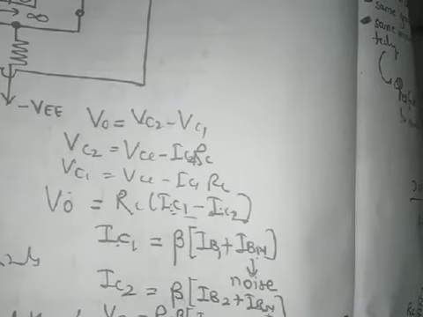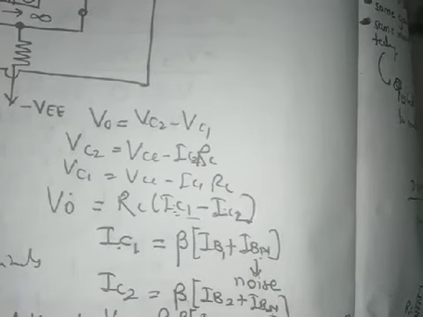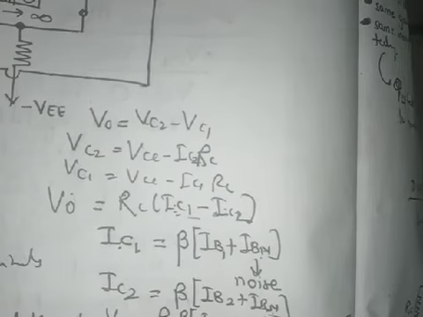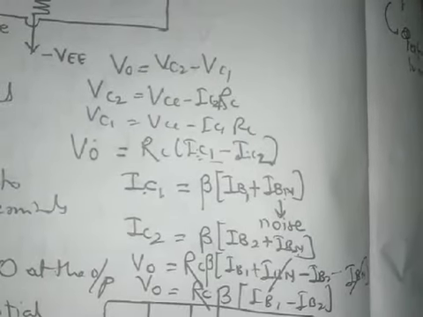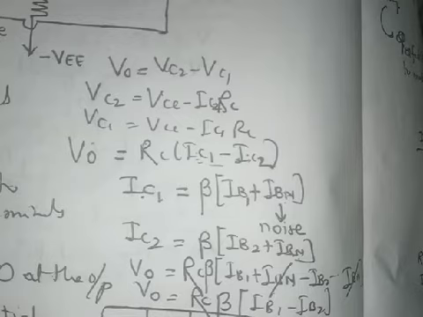So Vout is equal to, these two values cancel out because they are the same. So at the output the expression does not contain any noise value. So noise gets cancelled out at the output. You can conclude here that the noise is cancelled out because Q1 and Q2 are the same and they produce the same noise current with the same noise.